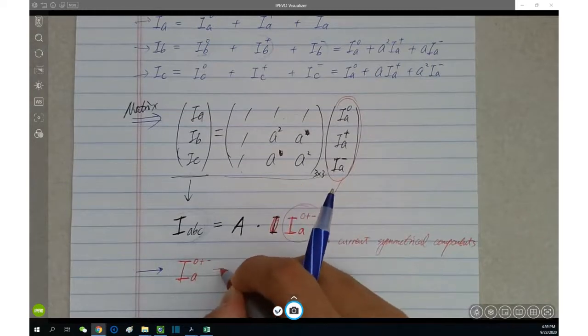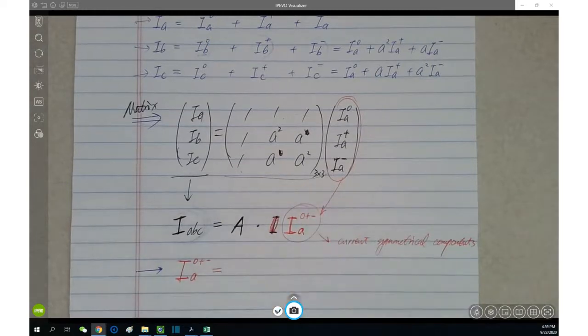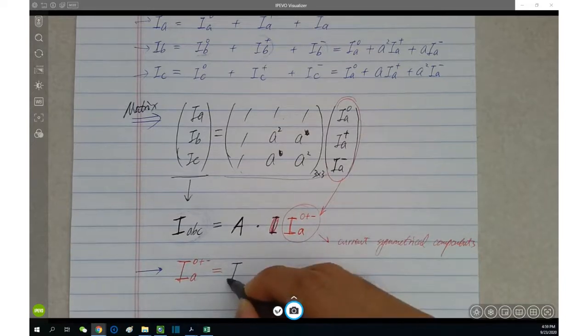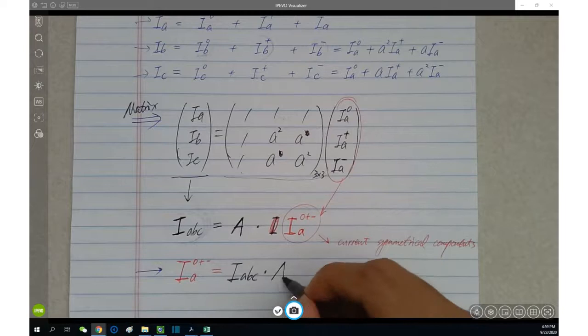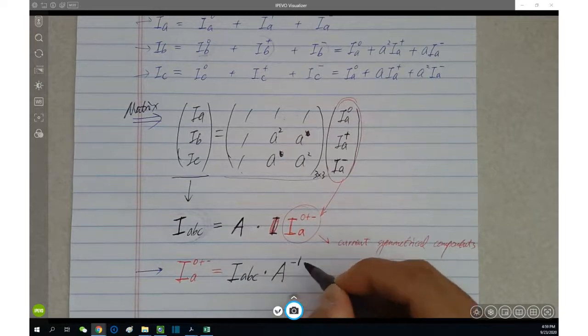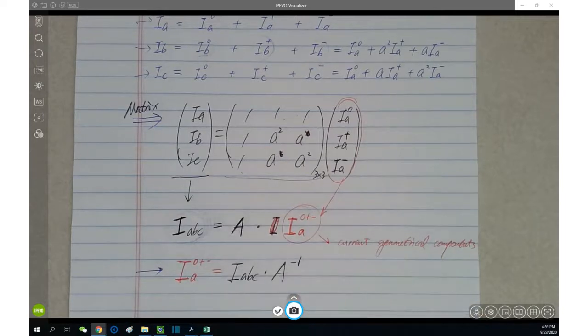And then it equals what? It equals the total current times the matrix A inverse, right?